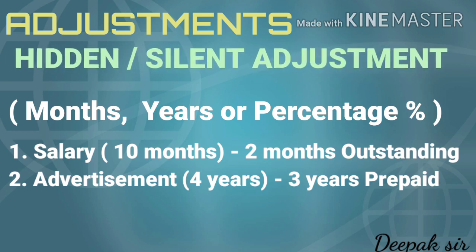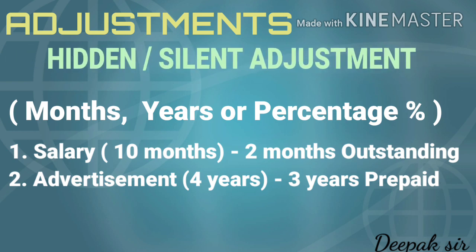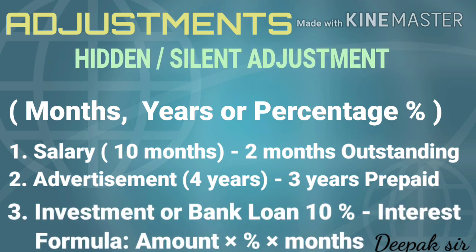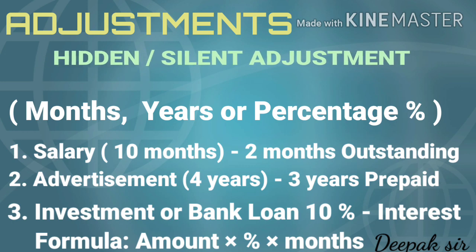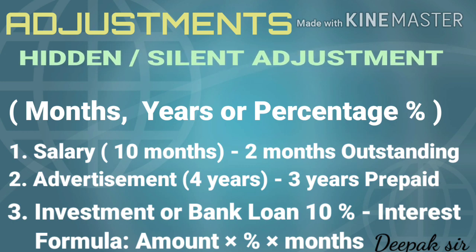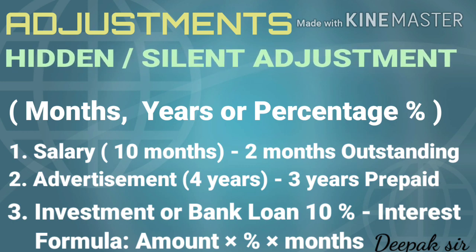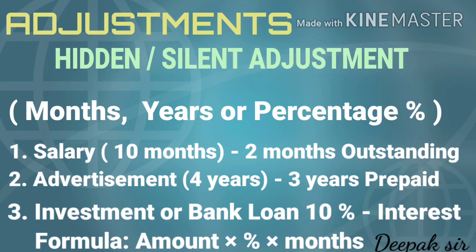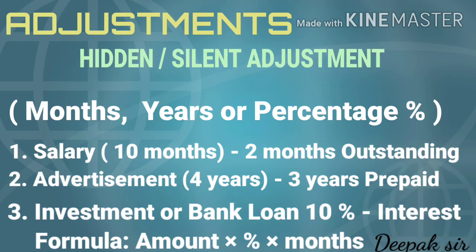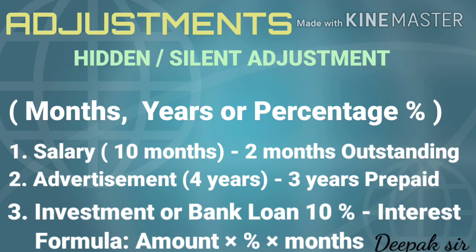And the percentage example is, if along with investment or along with bank loan 10% is given and a date is given for when the loan was taken, then on this investment or on the bank loan we will have to calculate the interest.